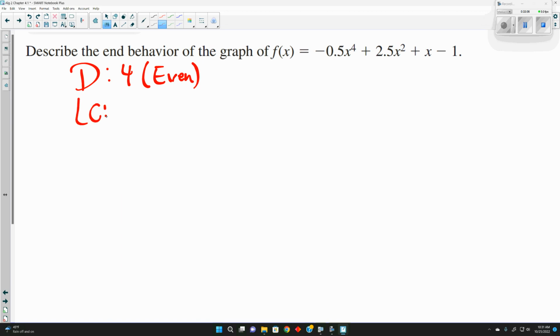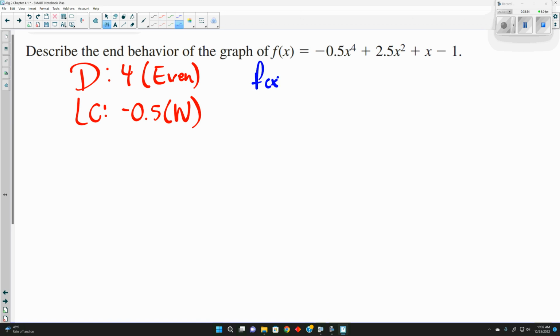Leading coefficient is negative 0.5, so this is negative, yes? So looking at that chart that we have, I need to go to even degree, negative, yes? So that means the end behavior is going to go in the same direction.